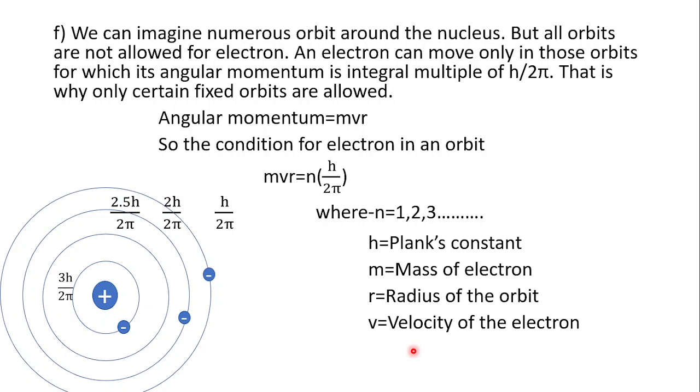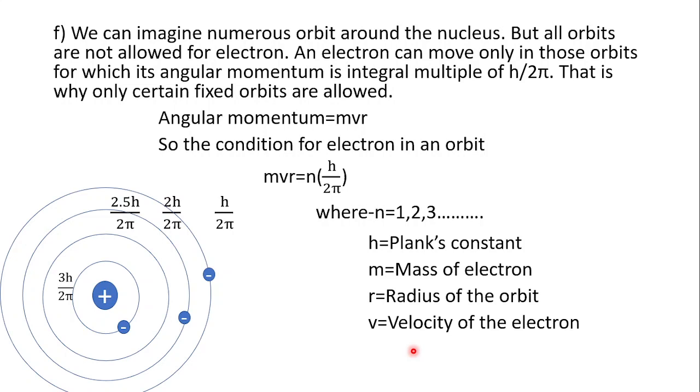Next point given by Bohr is that we can imagine an infinite number of orbits around the nucleus. We can imagine numerous orbits around the nucleus, but in all these orbits electrons cannot be present. Electrons are present in only some specific orbits, and the orbit has to satisfy a certain condition for the electron to be present in it.